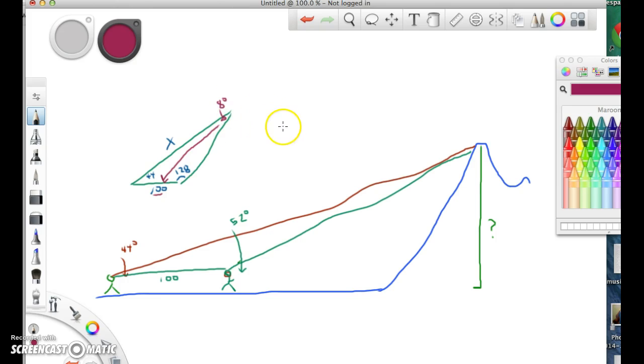So let's do it. We're going to say 100 over sine of 8 degrees equals x over, so that'll be these two right here, the sine of 128.